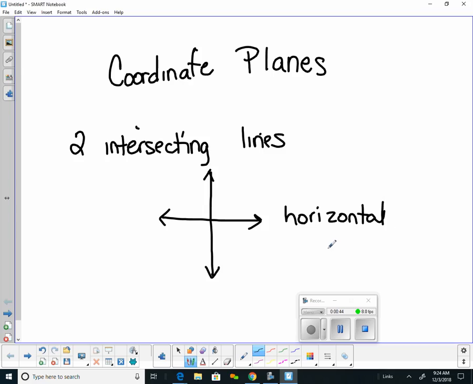Your horizontal line is called your x-axis, whereas your vertical line, which goes up and down, is called your y-axis. I would like it if you have to graph, make your x and y axis, that you label those every time. Okay, so make sure you label those every time.